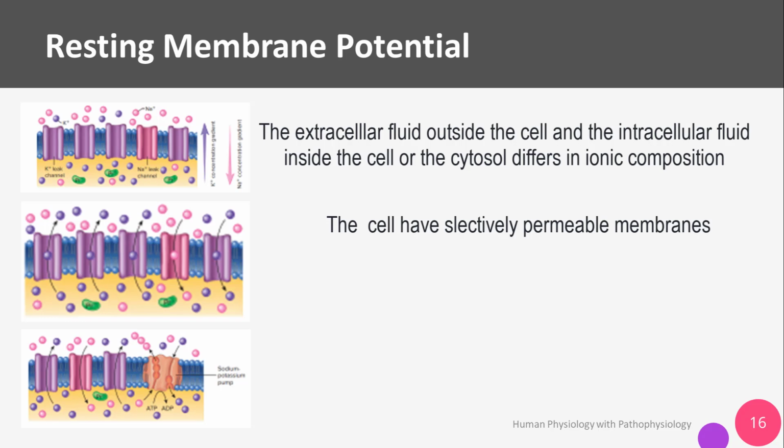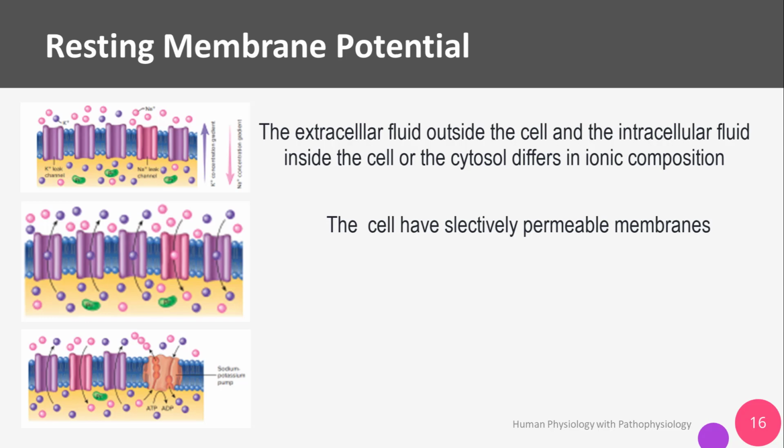They can enter or leave the cell only through membrane channels. In addition to this, the cell's passive and active transport mechanisms do not ensure an equal distribution of charges across its plasma membrane because membrane permeability varies by ion.